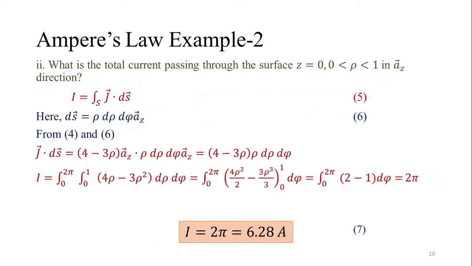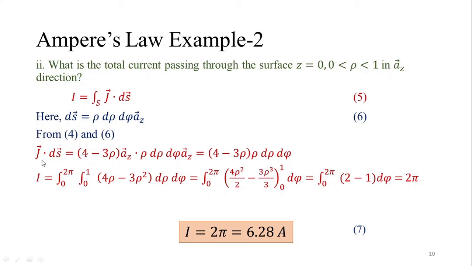And second part, what is the total current passing through the surface z equals 0 for rho is 0 to 1 in Az direction. So we know that the current density and current are related by the equation I, that is surface integral of J dot ds. Here ds is along the surface z equals 0, so rho d rho d phi Az vector.